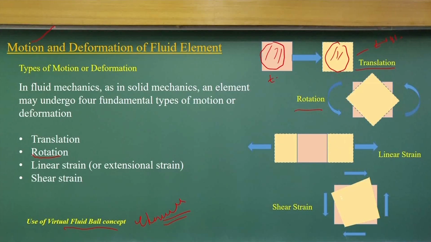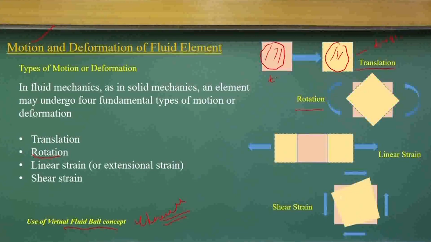Then we talk about this fluid element, as in a solid, having deformations. It can have a linear deformation, like it can be elongated. That means if you give it a stretch, or you compress it, the elemental size, the volume of the fluid element, may increase or decrease. That also depends upon the velocity distribution, what will stretch or compress the fluid element.